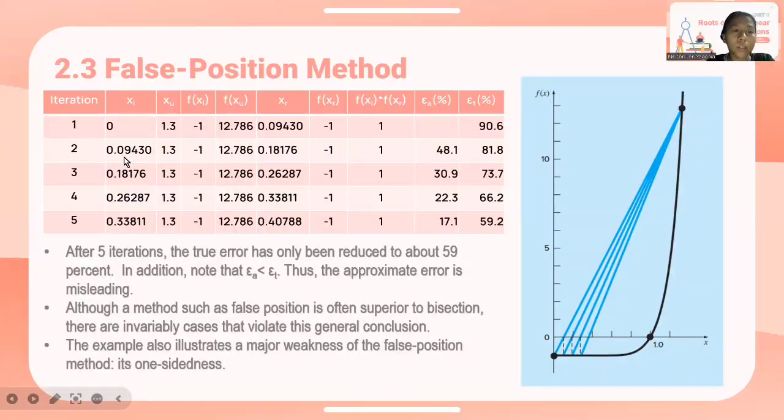The second iteration, XL is equal to 0.09430. The XU is 1.3. XR is equal to 0.18176 and the function of XR is -1.